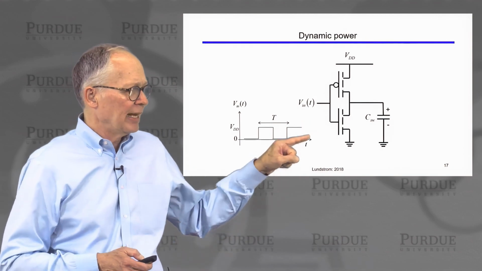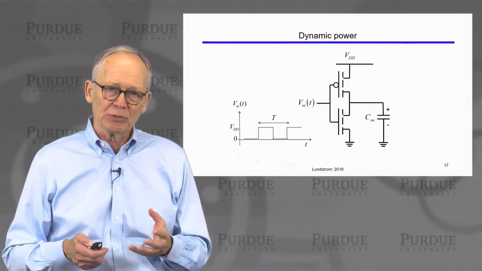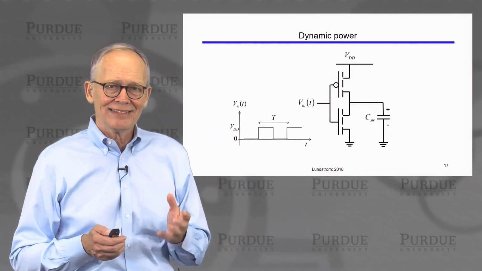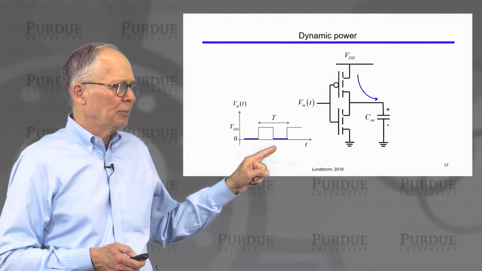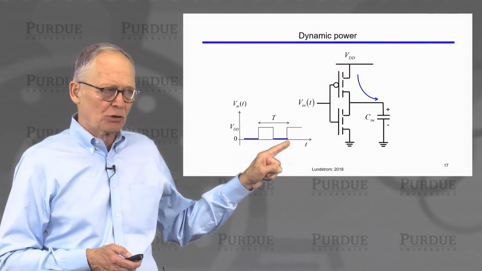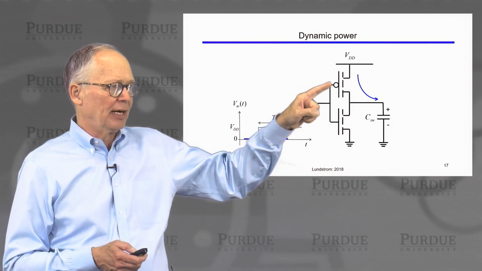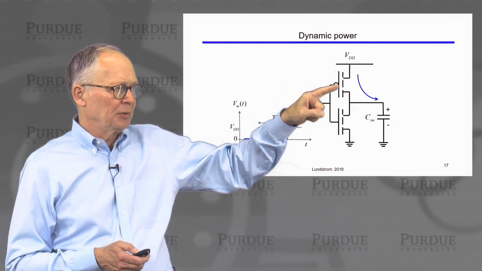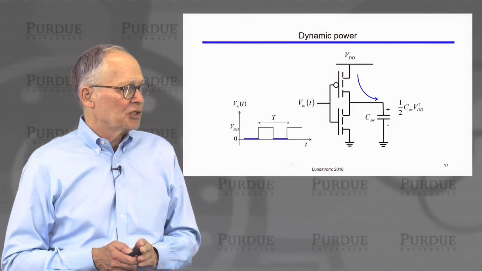So let's consider that we have an input signal that is switching rapidly between 0 and 1 at some frequency f, some period capital T. When we apply that, during the times when the input signal is low, the NMOS is open circuited, the PMOS is turned on, current flows from the power supply through the PMOS, and charges the capacitor up.